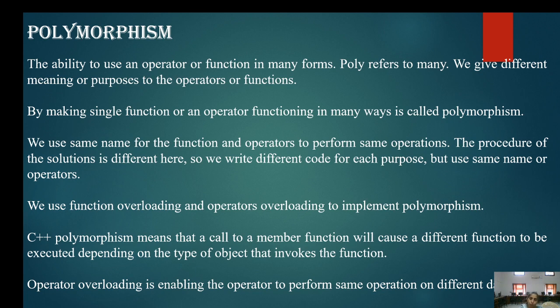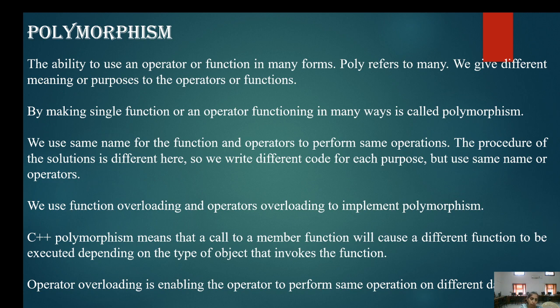We use the same name for the function and operator to perform the same operation. The procedure of the solution is different here, so we write different code for each purpose, but use the same name or operators. Like I have told you, we use the same operator plus for integer numbers and decimal point numbers, while the procedure of adding two numbers is totally different in both data types.